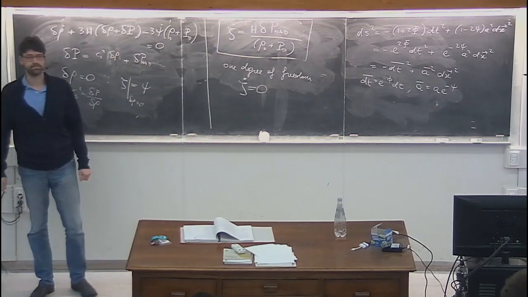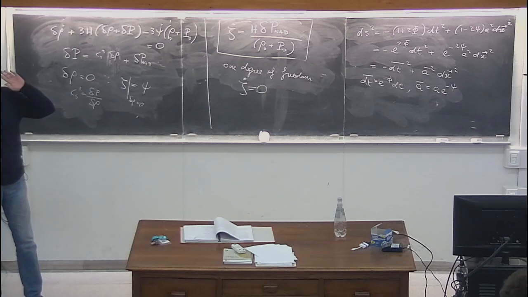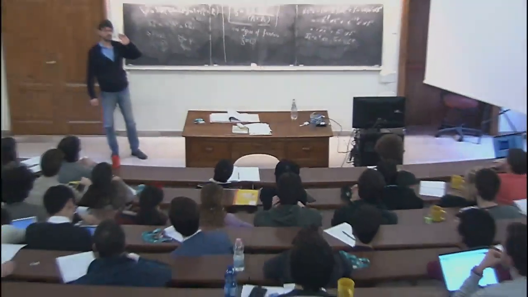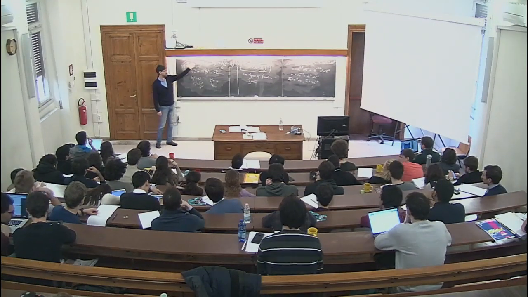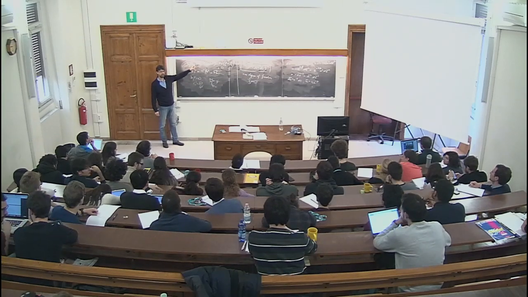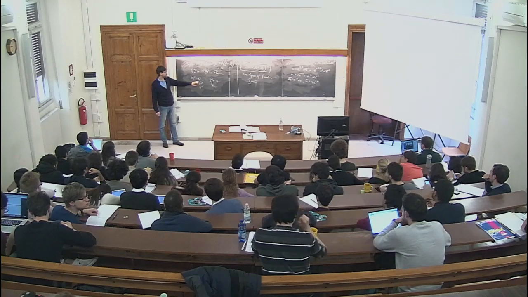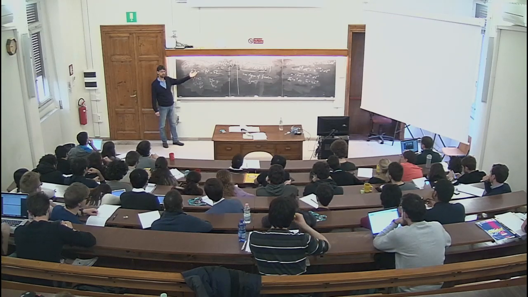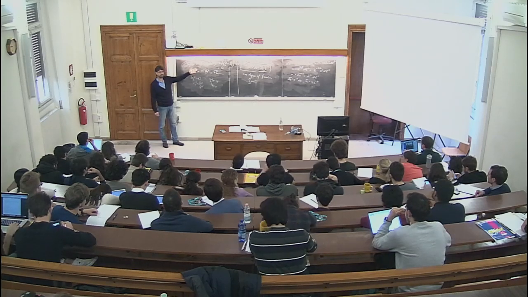Questions? Yes. Say it again. Why did I do it? For convenience. Because this equation is generic. Then I choose a gauge because I want to speed up the computation. You can choose any gauge, but you can also work in the other gauge where psi is equal to 0.